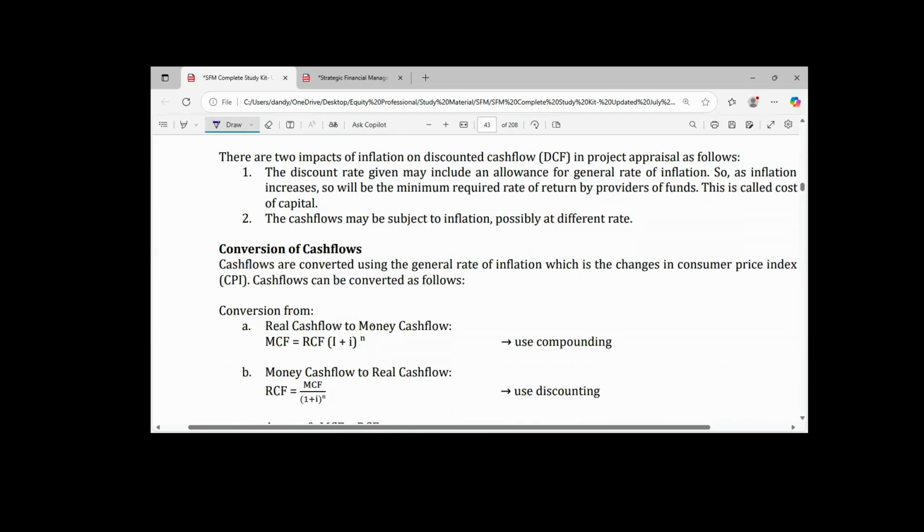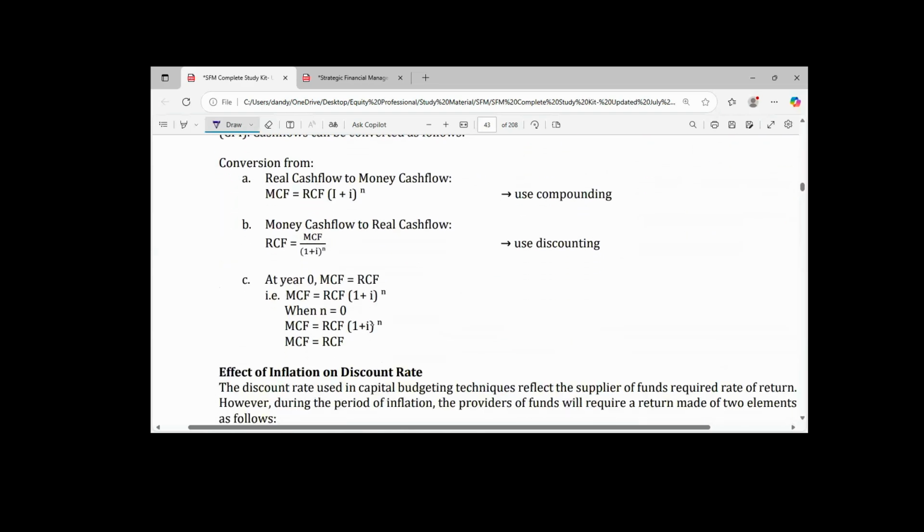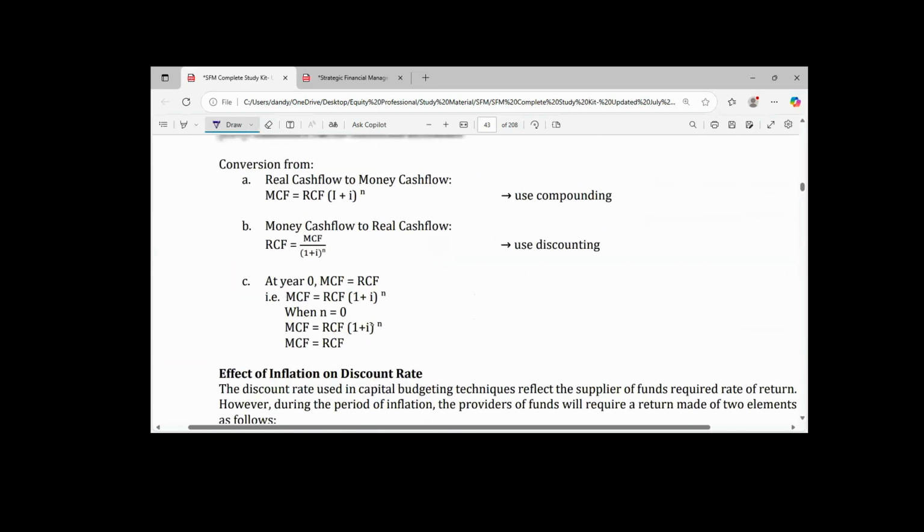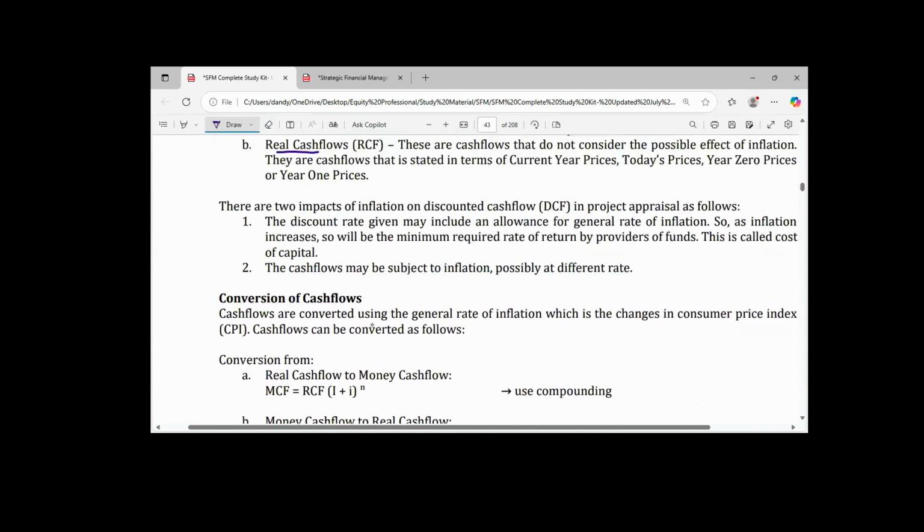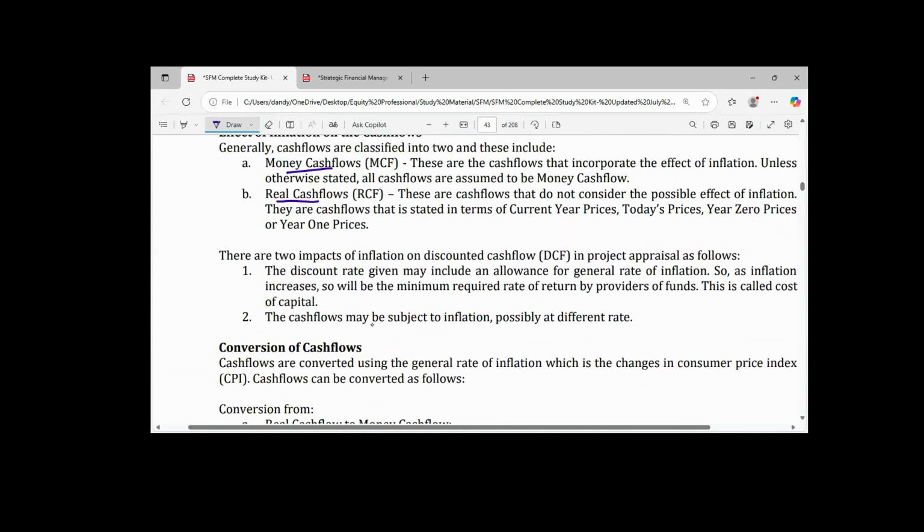Similar to cash flow, we also have money discount rates as well as real discount rates. The money discount rate is also known as the nominal discount rate. It is the cost of capital that includes the possible effect of inflation.